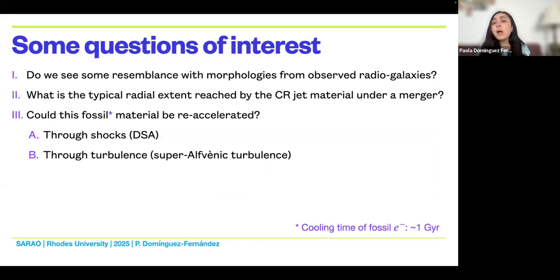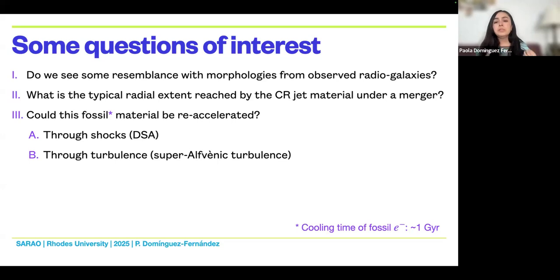So, some questions of interest that we had were: do we see some resemblance with morphologies from observed radio galaxies? What is a typical radial extent reached by this cosmic ray jet material under a merger?